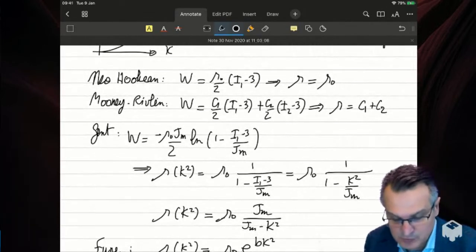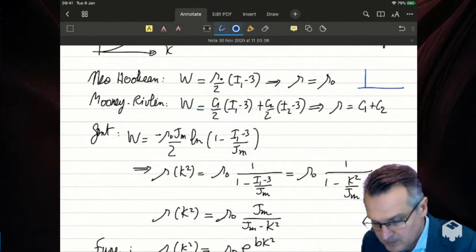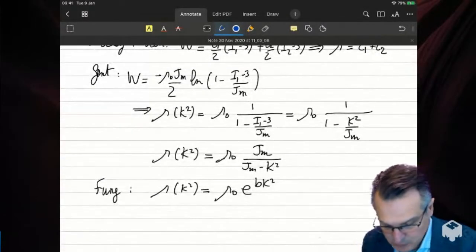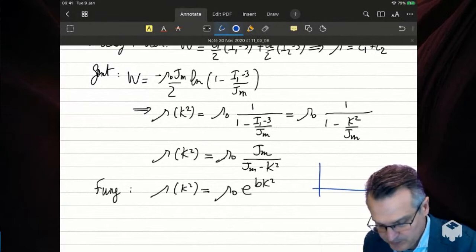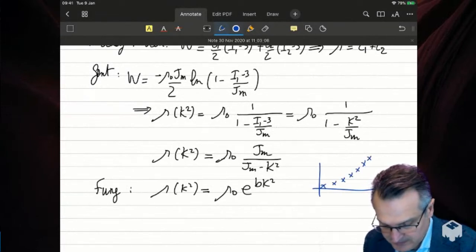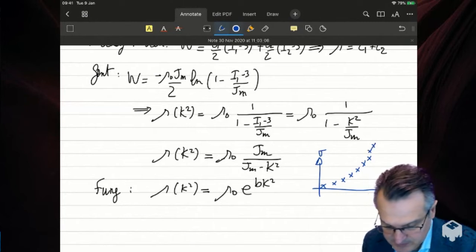Right, so for those first two examples, it would be appropriate if you had data like this. For those last two, it would be appropriate if you had data like that, where it starts increasing.